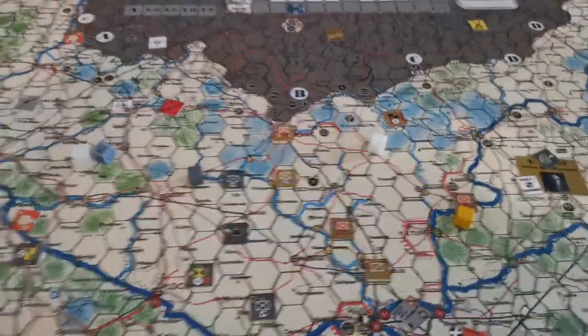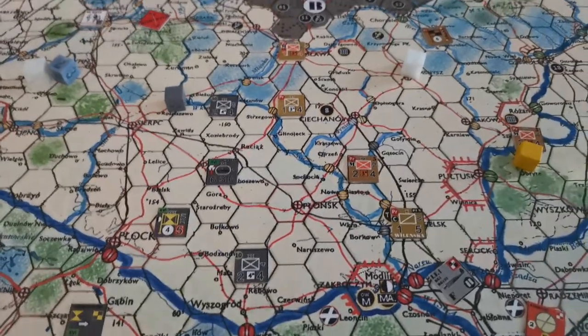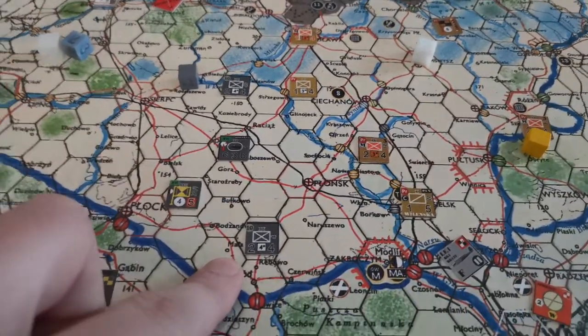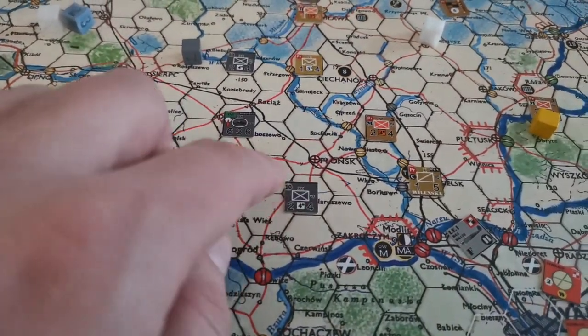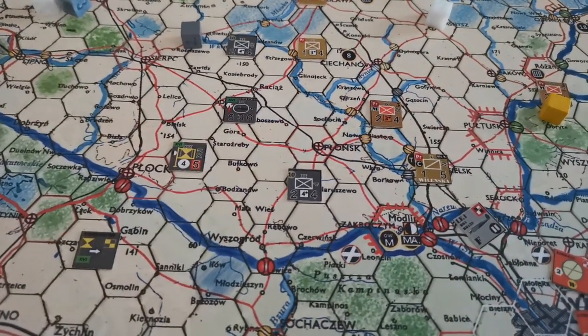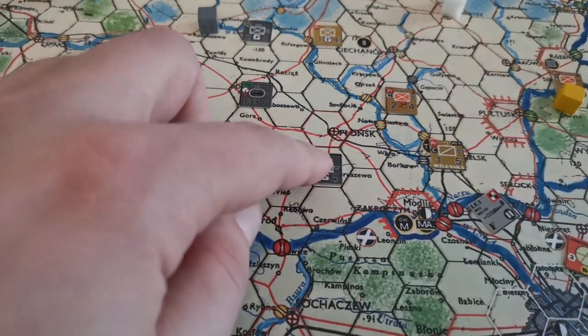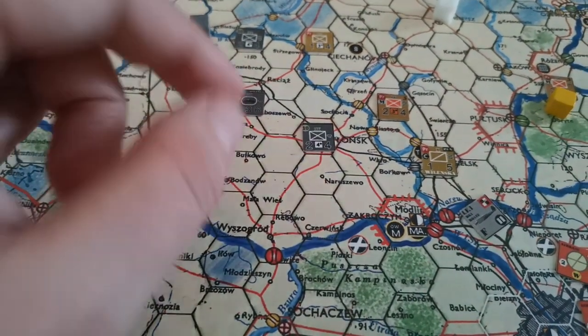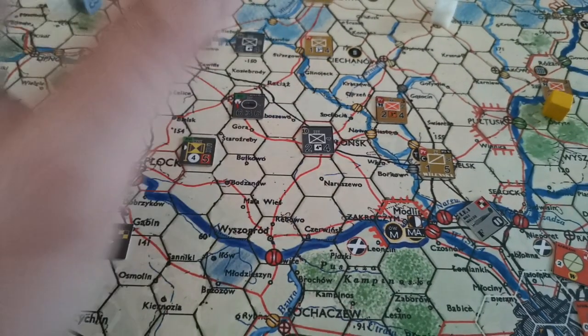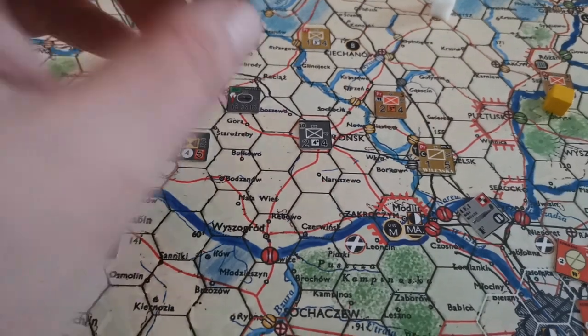So we activate the 10th army again, and this unit performs movement. There's a Polish city which entering costs 1 extra movement point. So this movement would go 1, 2, 3 for the Polish town. And that's it. It cannot move anymore because it doesn't have sufficient points.